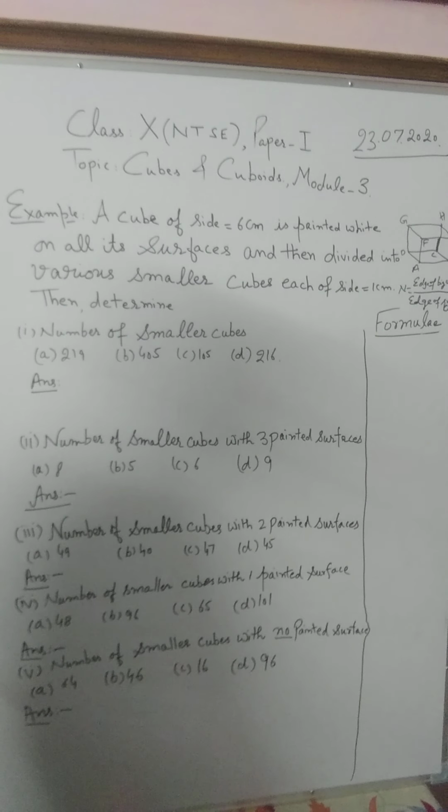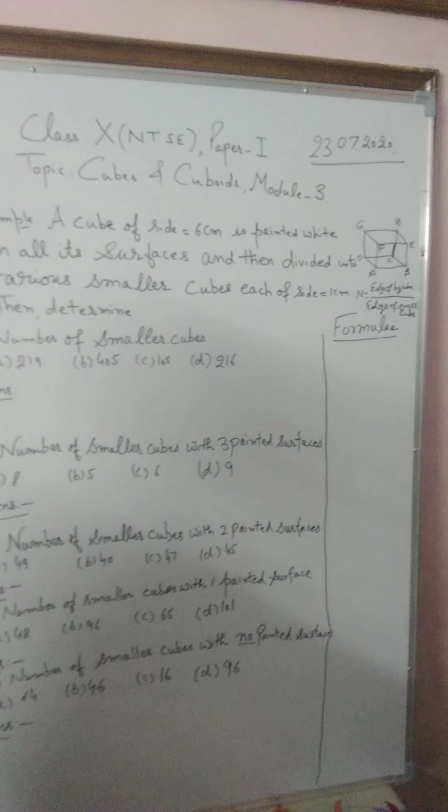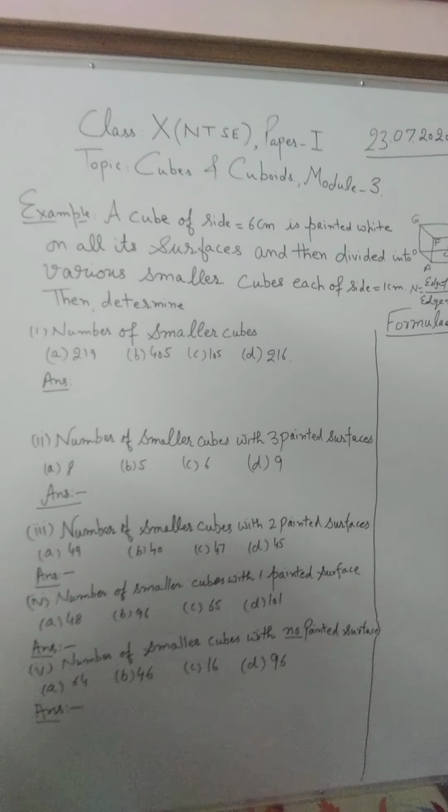Now let us come to our questions. Our first solved example is a cube of side equal to 6 cm painted white on all its surfaces and then divided into various smaller cubes, each of side 1 cm.